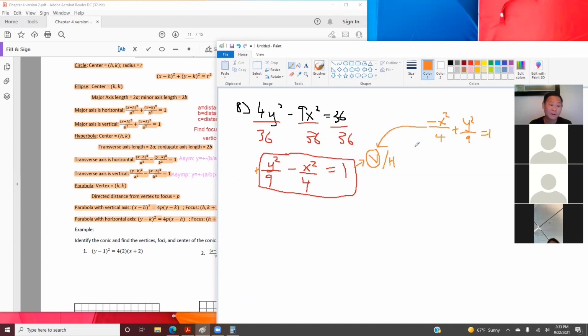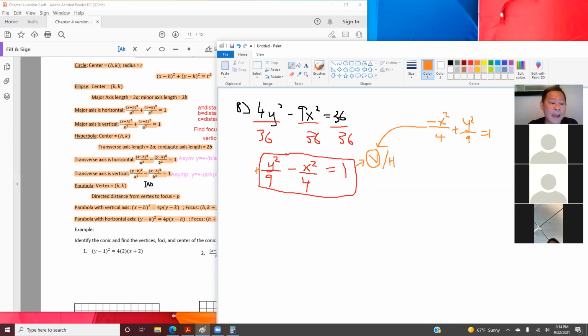Don't look at who comes first for a hyperbola. Look at which one is positive. If your y squared is positive, it's vertical. If your x squared is positive, it's horizontal. Your homework questions and my test can sometimes be tricky like this, and a lot of people think who comes first decides vertical or horizontal. So be careful with that.